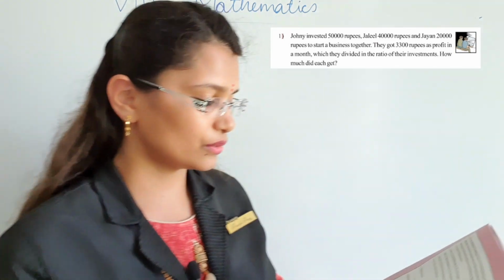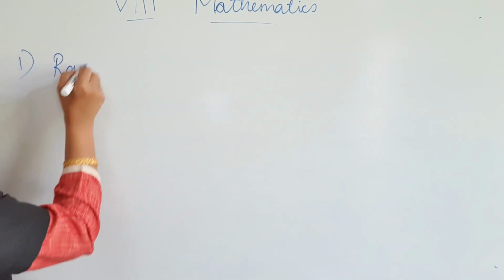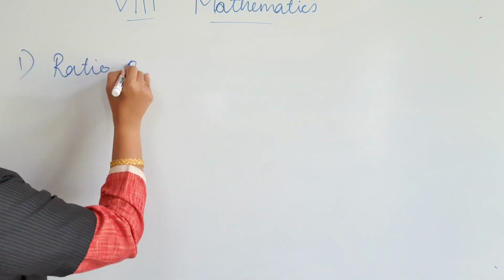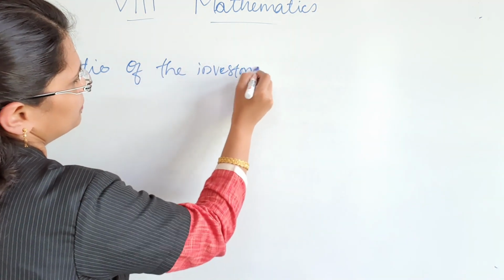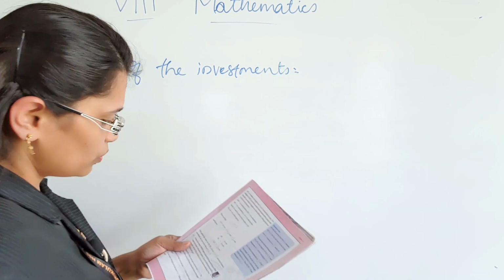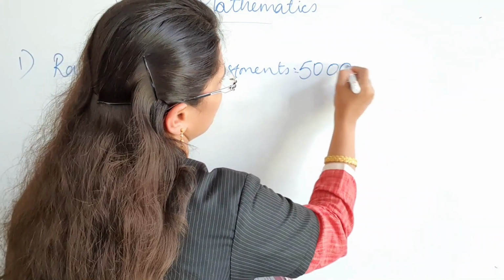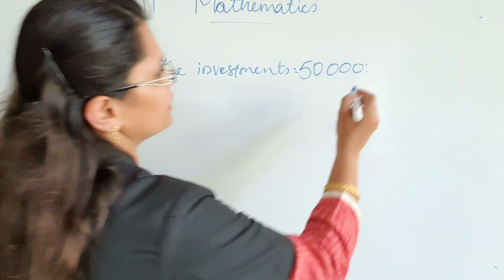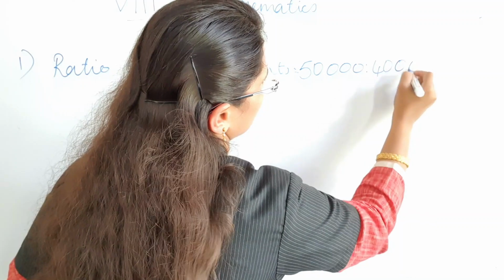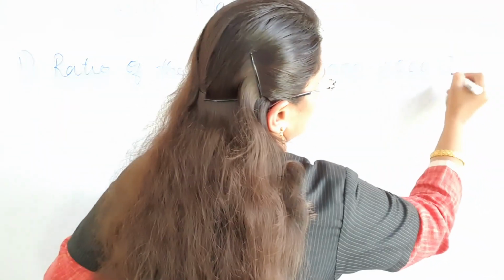Okay. So, how to do this, children? First, we have to write the ratio of the investments. Ratio of the investments is equal to 50,000 is to 40,000 is to 20,000.